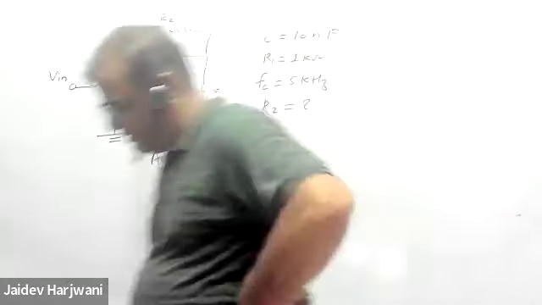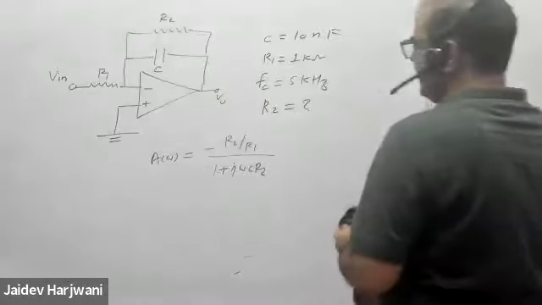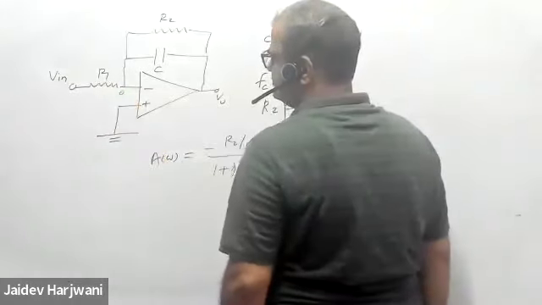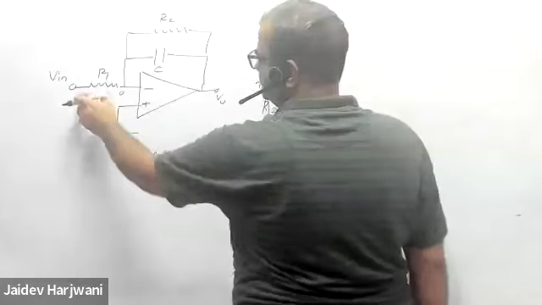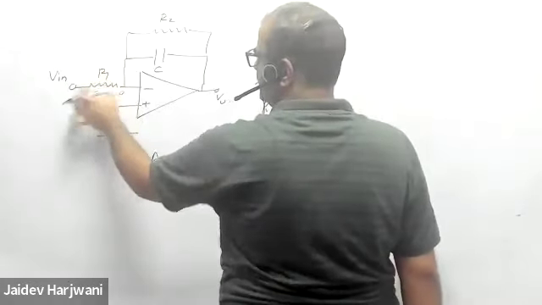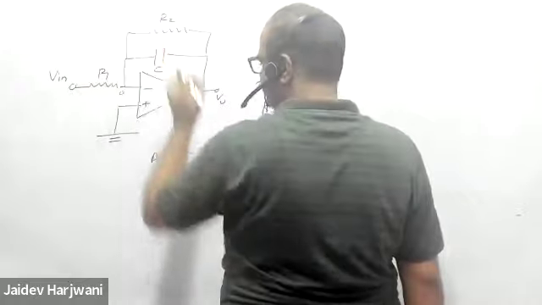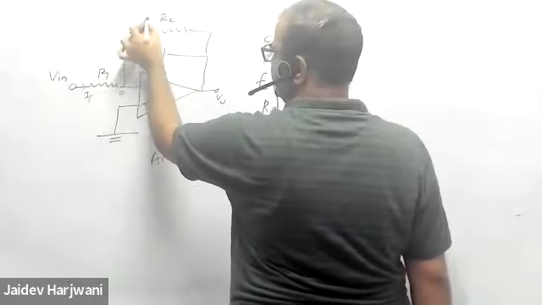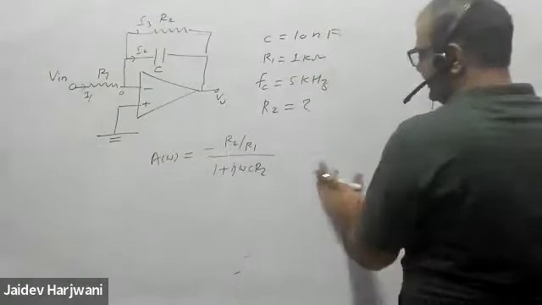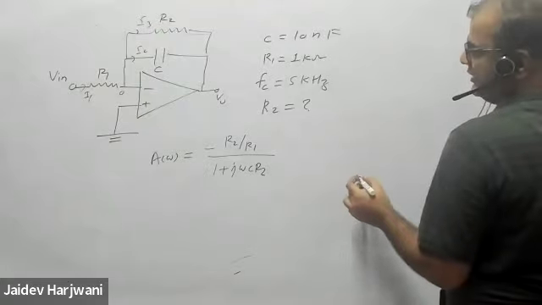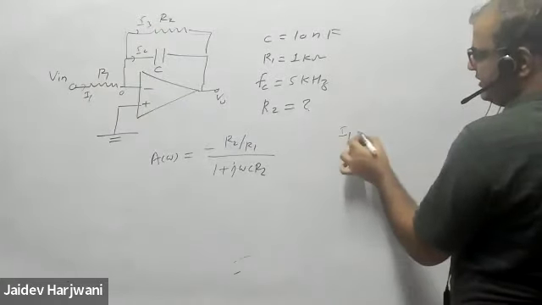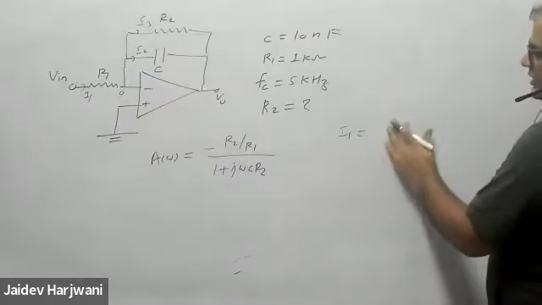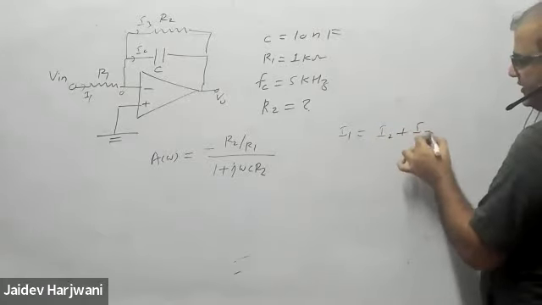If you don't remember it like this, you can calculate it within minutes also. If you apply nodal analysis, this is 0. If I apply nodal analysis here, this current is coming to this node, this current is going here, this current is going here. Say this is I1, this is I2, this is I3. Incoming current equal to outgoing current. Incoming current is I1 at this node, and outgoing current is I2 plus I3.